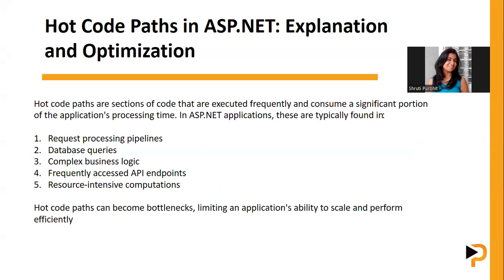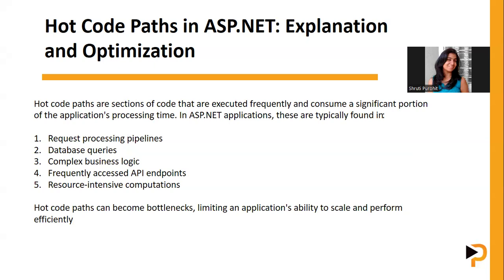In ASP.NET applications, these are typically found in request processing pipelines. Then there are some database queries, complex business logic, where lots of ifs and for loops are executed frequently, frequently accessed API endpoints, and resource-intensive computations. Okay. So these kinds of sections of code are considered hot code paths.